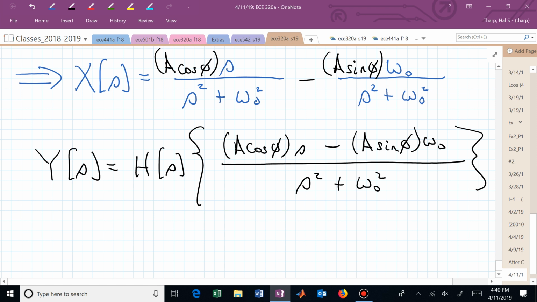If I wanted to factor that denominator, where are the roots of that factor? Can I envision where those are located in the complex S plane?